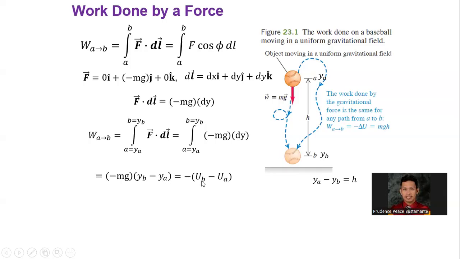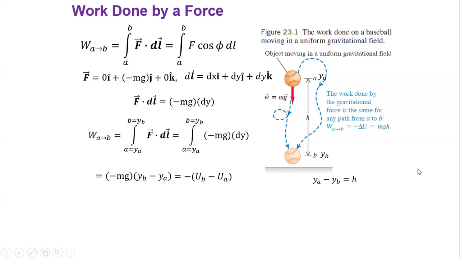This is equal to the negative change of the gravitational potential energy, the final minus the initial. Or if you get rid of this negative, you just interchange these, so the initial minus the final.